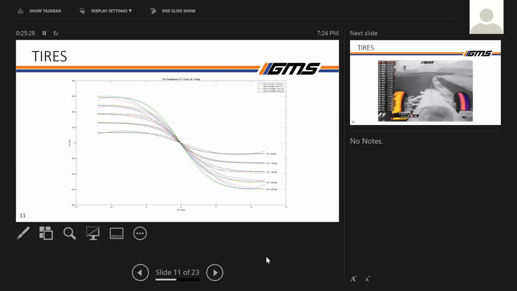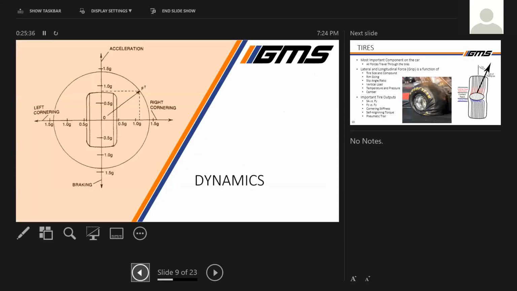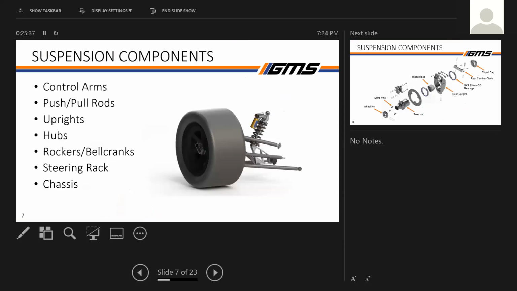What are the benefits of using carbon suspension members over other materials? Good question. Going back to our components, Jason was mentioning the control arms and push rods and pull rods are carbon fiber instead of some other material. A lot of teams run steel. Our main reason for this goes back to weight.